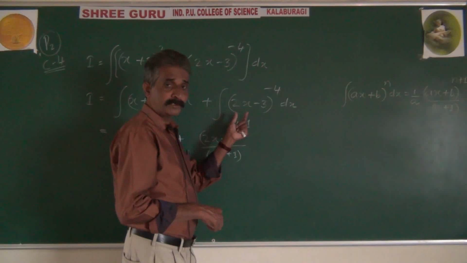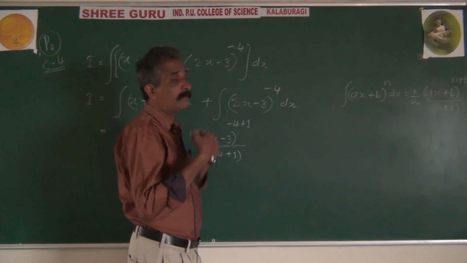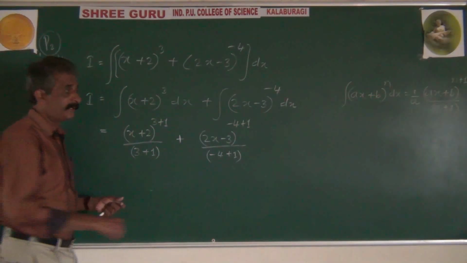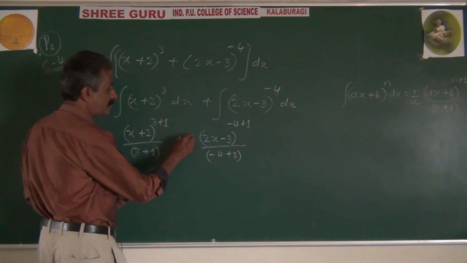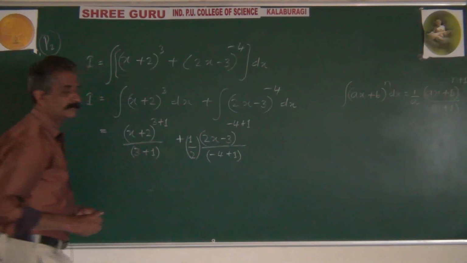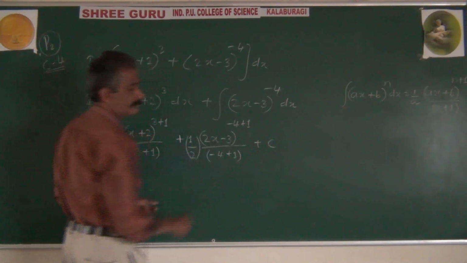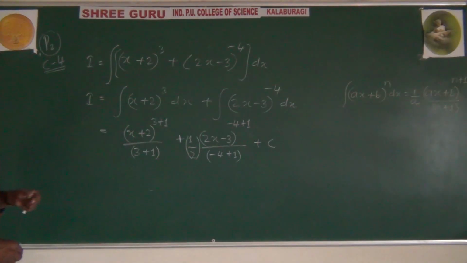But here importance should be given because the x coefficient is 2, and observe whether we are differentiating or integrating. We are integrating, so we need to divide by that x coefficient, means it will be 1 divided by 2, plus constant. This 1 by 2 is very, very crucial and important.